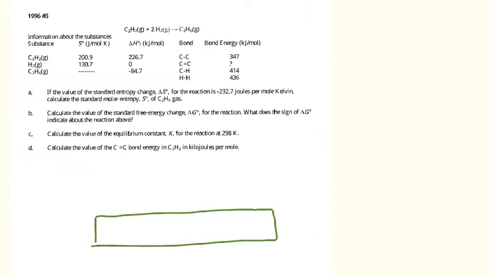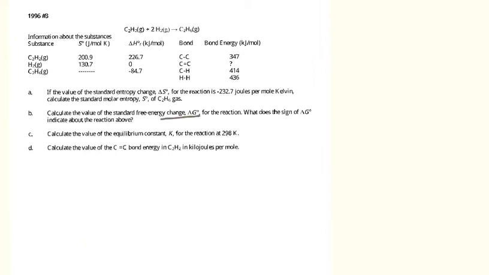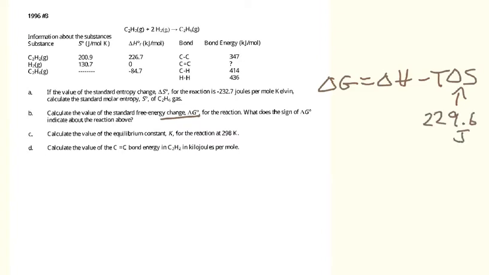For part B, they would like us to calculate the delta G for the reaction and then say what the sign indicates about it. The equation we're going to need is delta G equals delta H minus T delta S. We already know delta S from the first part, 229.6 joules per Kelvin.